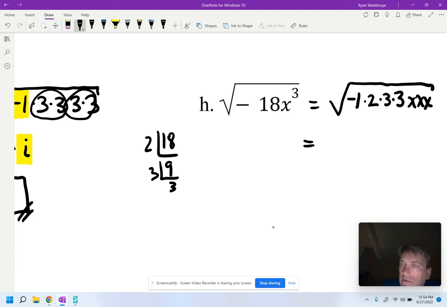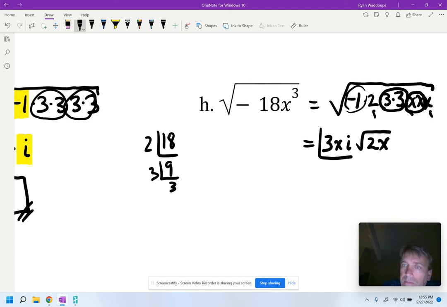And that gives us, we've got one pair of 3's and one pair of x's. And then we have the square root of -1, which is I. So I get 3xi times the square root of 2x.